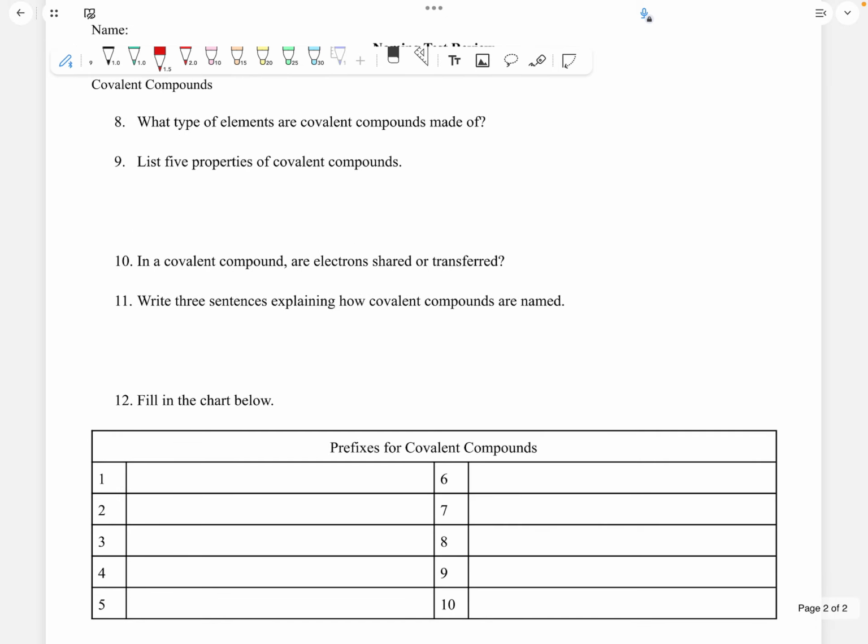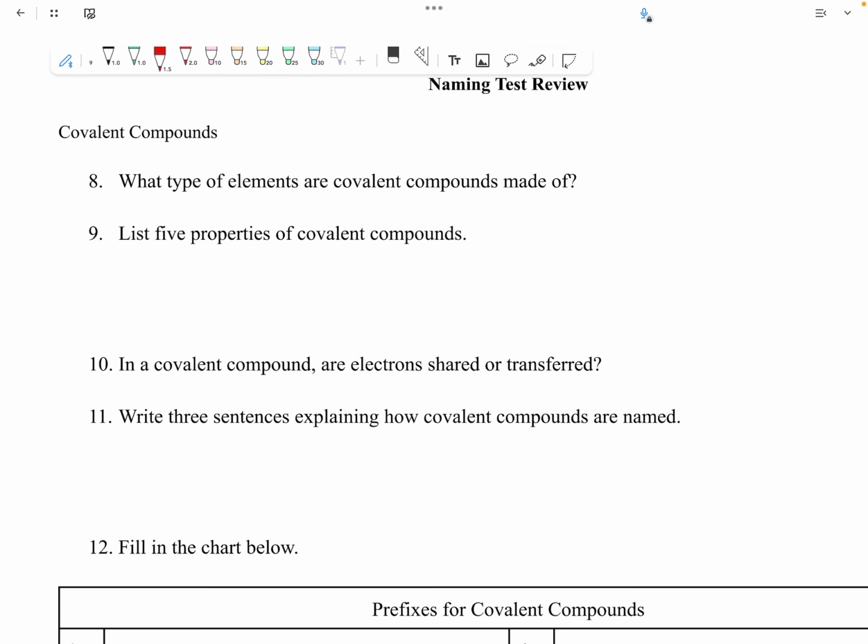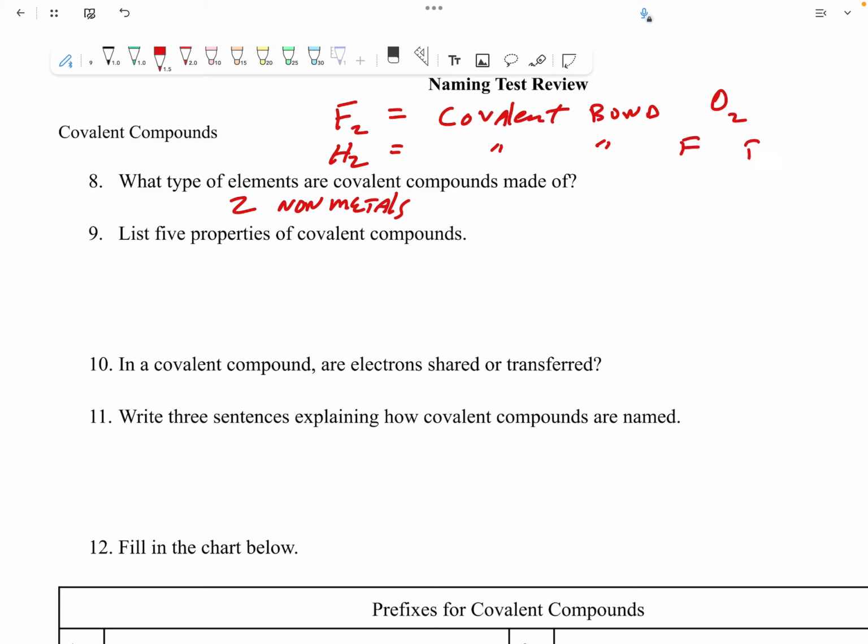Okay. Next one. Covalent compounds are made up of 2 non-metals. And if you see something like this, F2, that's a covalent bond. Any of those diatomics, we talked about hydrogen, oxygen, fluorine, bromine, those kinds of things.